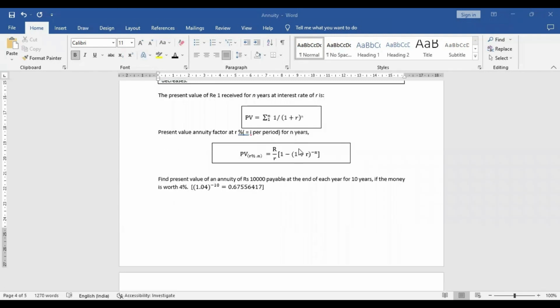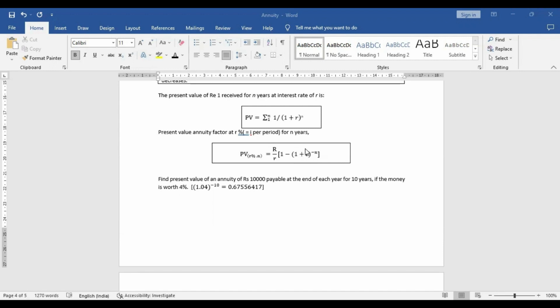So for better understanding of this equation, we can take an example. Find the present value of annuity. You have to calculate the present value of rupees 10,000 payable at the end of each year for 10 years, if the money is worth 4%, 4% is the rate of interest. And this is the value which has been provided to you. That means 1.04 to the power minus n, where n is 10 and r is 4% itself.